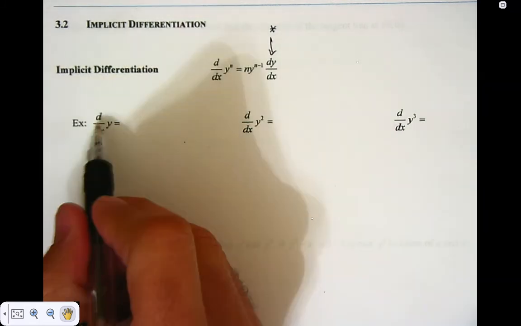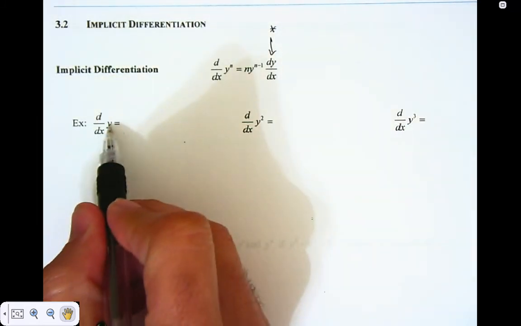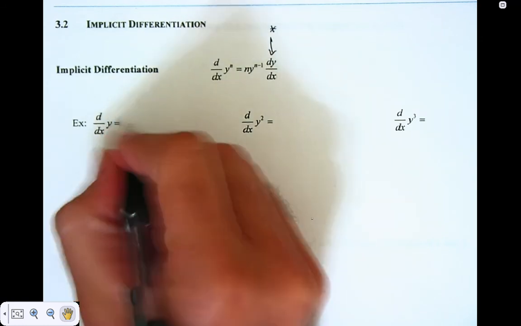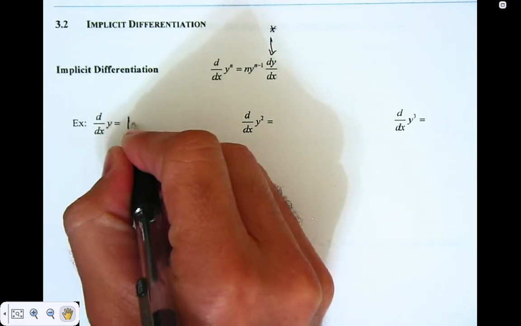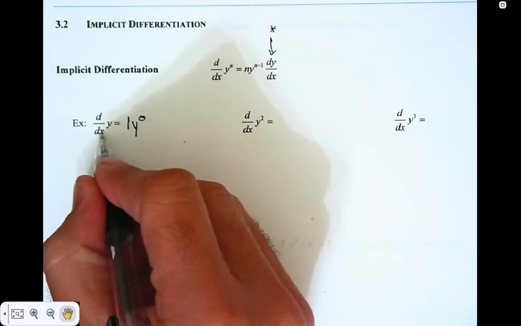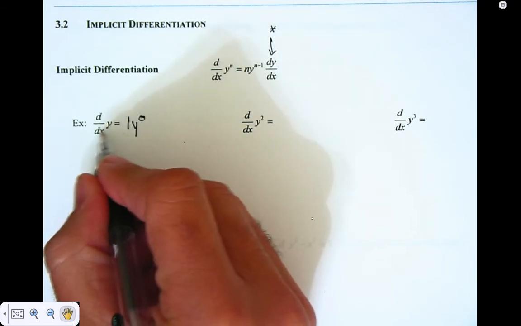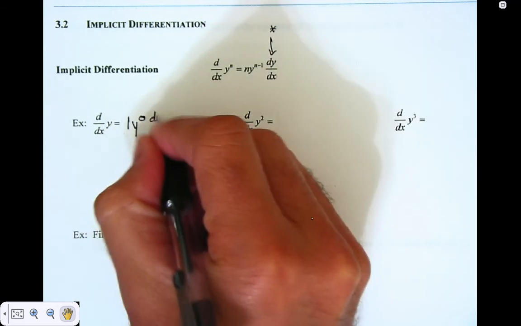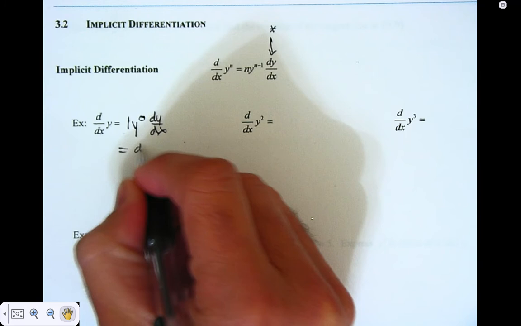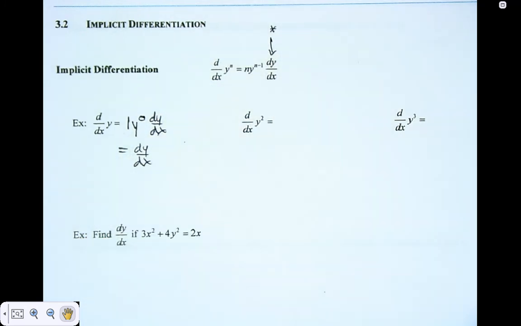So this says take the derivative of y with respect to x, but y doesn't match x. So we'll bring down 1, multiply by y to the 1 smaller, which is the power of 0. But because y doesn't match x, the derivative that we're taking with respect to, we would add in dy dx. That 1 becomes 1, so this is just dy dx.